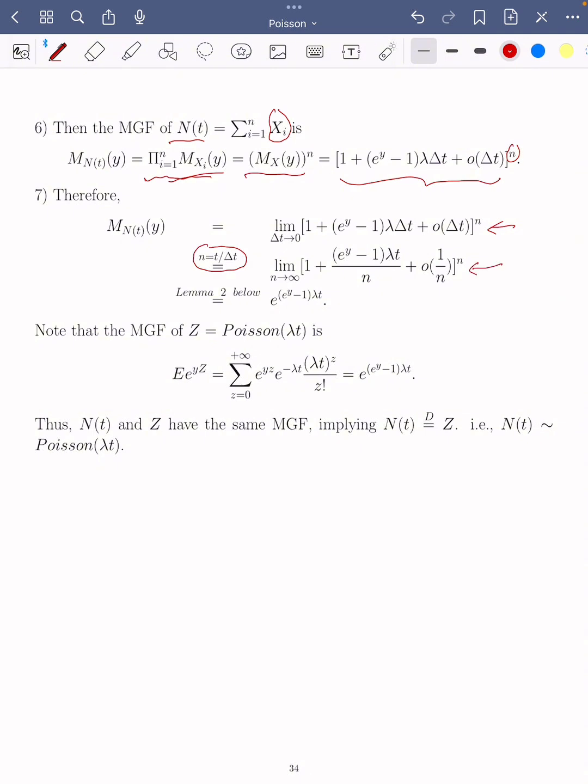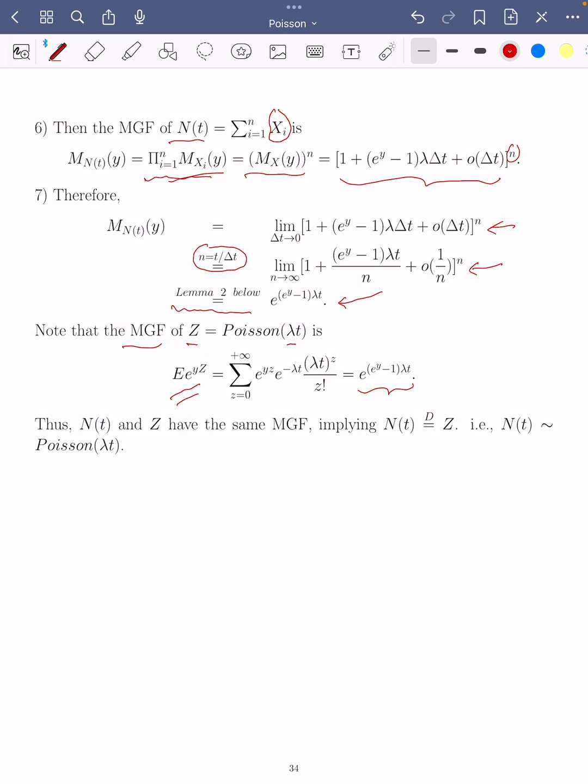And then we follow Lemma 2 below, and we know that this limit is just equal to this. So again, we calculate the moment generating function for the Poisson distribution with mean value equal to lambda t, which is equal to this. And after this calculation, we know this is the case.